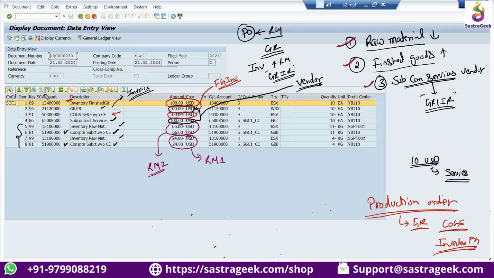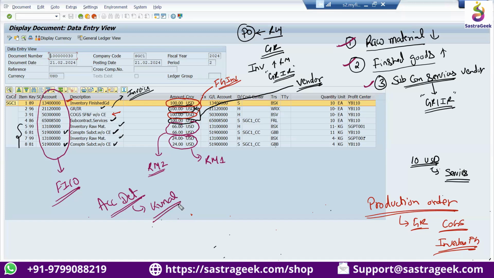You should know from where these accounts will come. All these accounts will come from your finance team. The FICO team tells you what accounts need to be hit for what purpose. We already had the last session on account determination, last Sunday, sorry, done by Kunal, right?